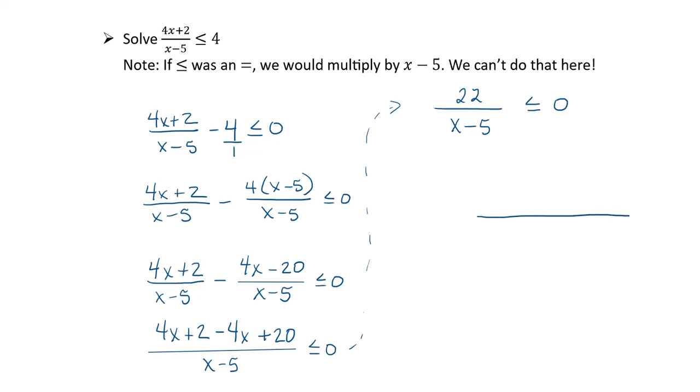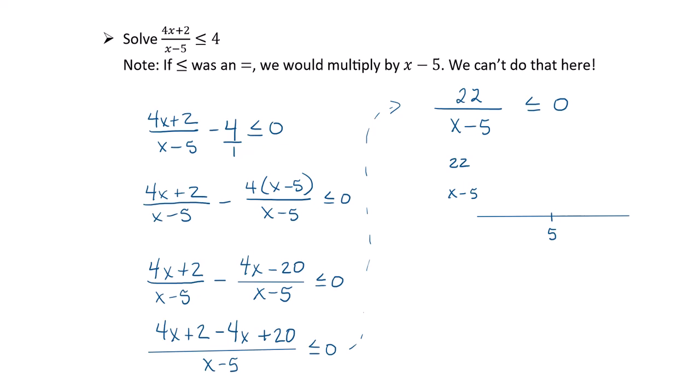Now we're ready for our sign chart. We have a single fraction and a less than or equal to 0. So I'm going to find my critical values. I only have one critical value from the factor of x minus 5. And my factors are 22 and x minus 5.